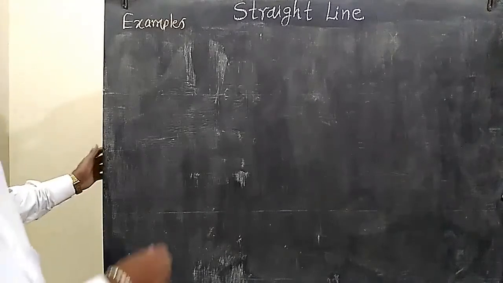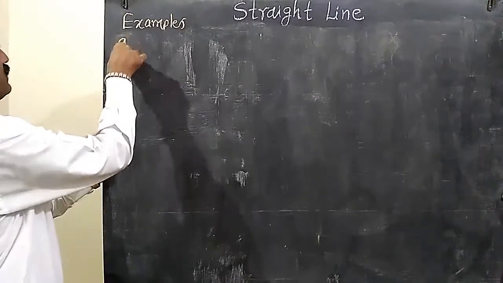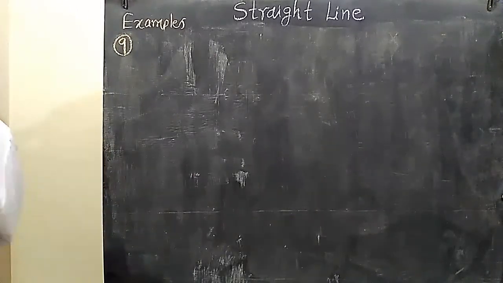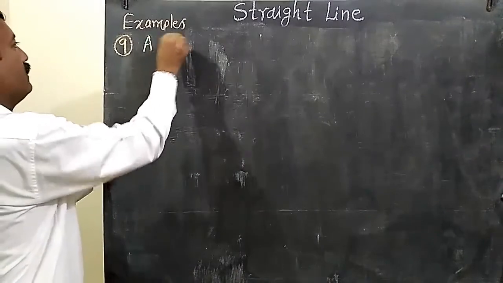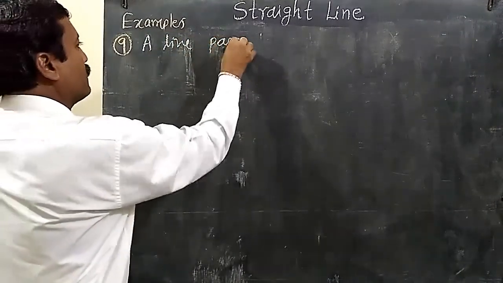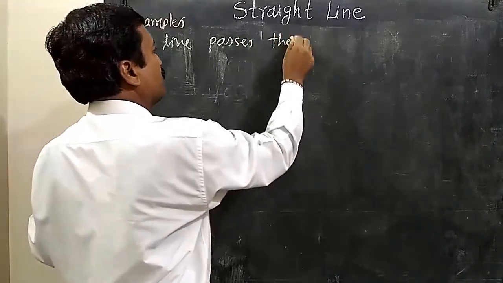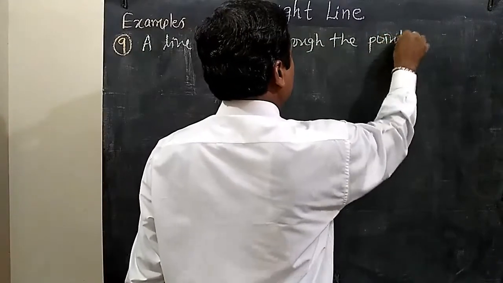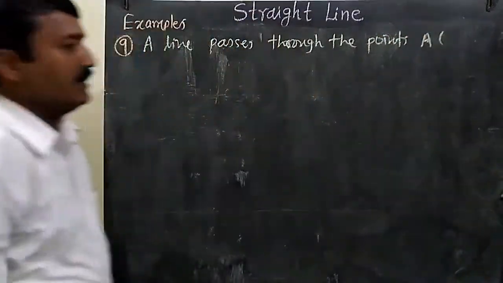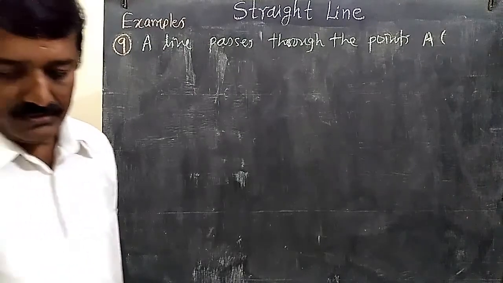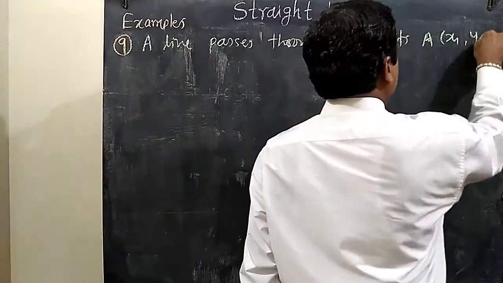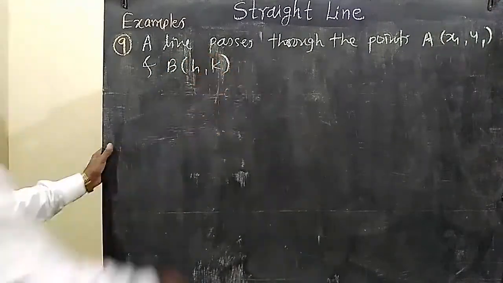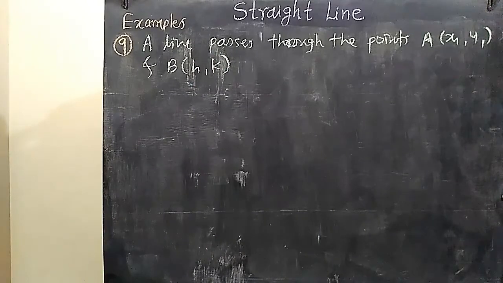Example number 9. A line passes through the points A (x1, y1) and B (h, k). These two points A and B are given here.